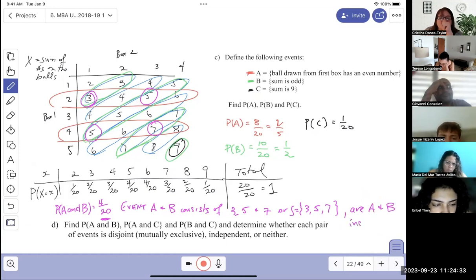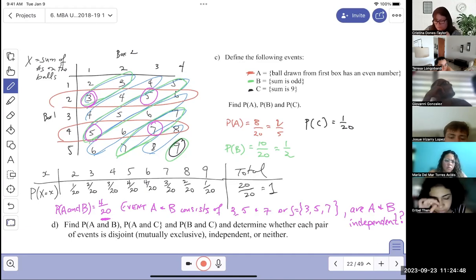How are we going to figure it out? I think no. I don't think they're independent. But I don't know how to put it into words. I don't know if I'm right. Okay, if you think it's independent, put independent in the chat. If you think it's not, just put not independent in the chat.